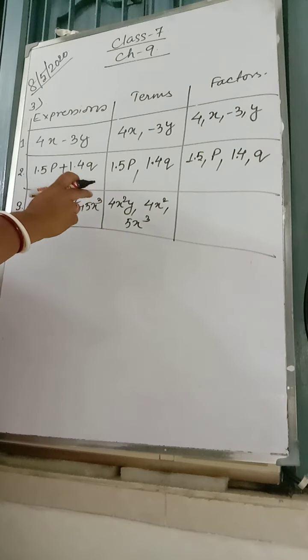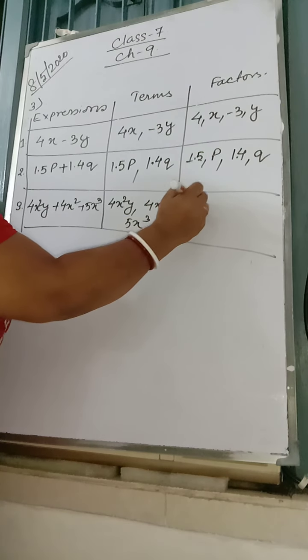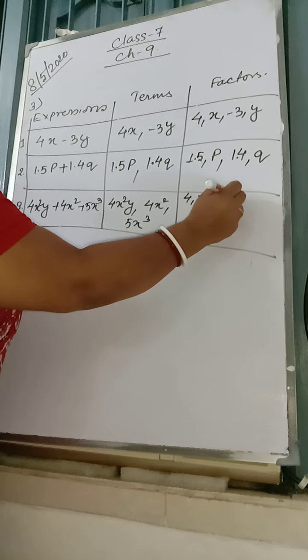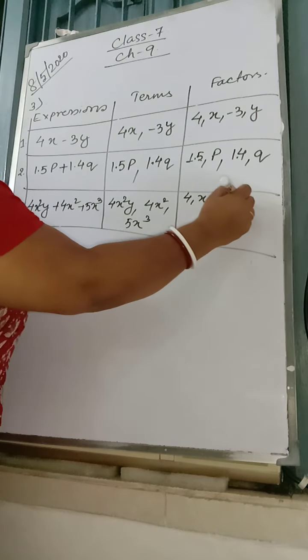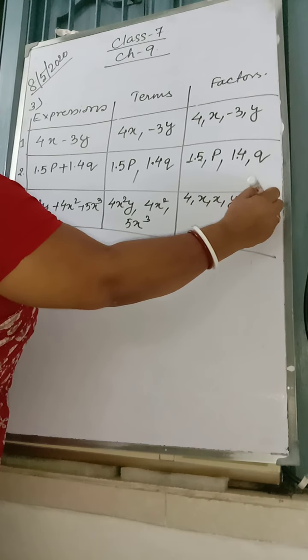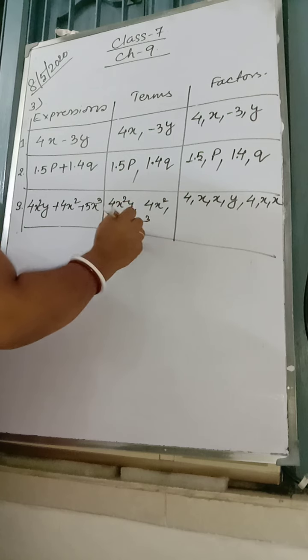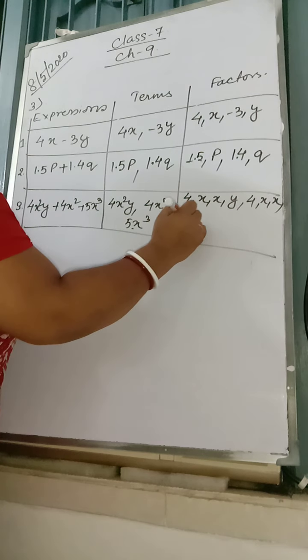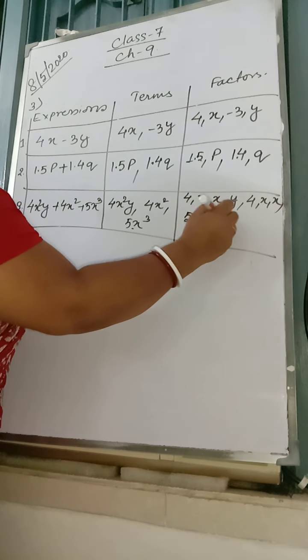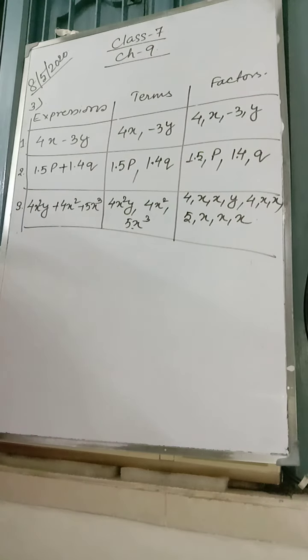Now what are the factors for 4x square y? 4, x, x, y. What is the factor for this? 4, x, x. And what are the factors for this? 5, x, x and x. So these are the factors for all three terms. Clear? So in this way we'll do question number 3.